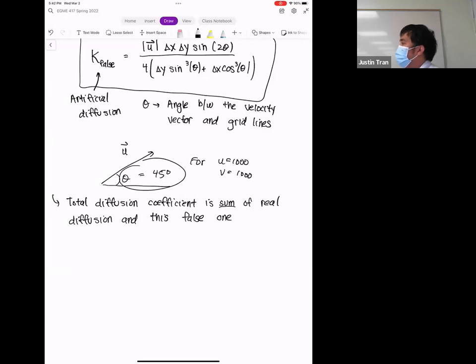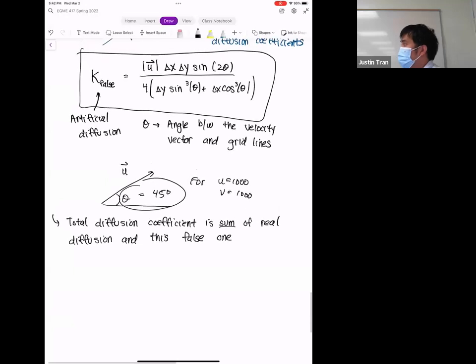Let's say for instance that you're using our codes here to solve the heat equation. For the heat equation, your diffusion coefficient is exactly your thermal conductivity. And the thermal conductivity is usually something physical that you're going to be looking up in a data table. And so you want to maintain that same thermal conductivity throughout the entire simulation.